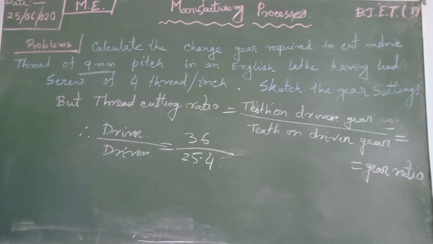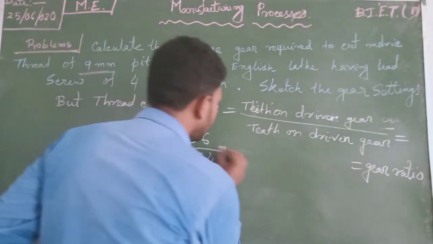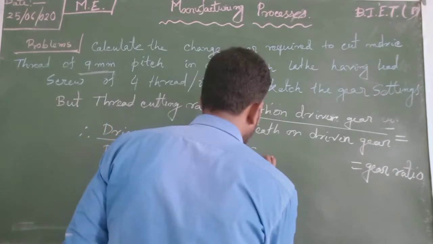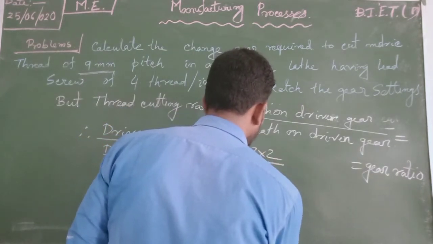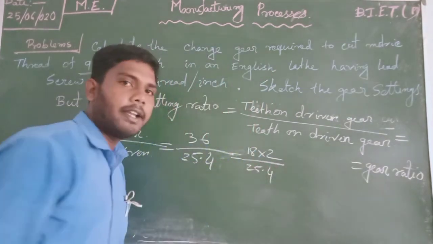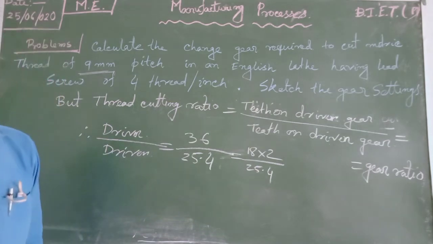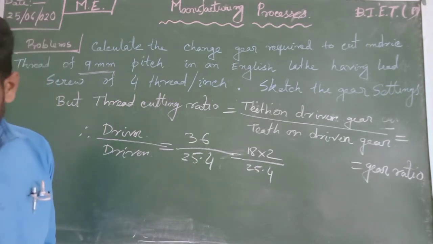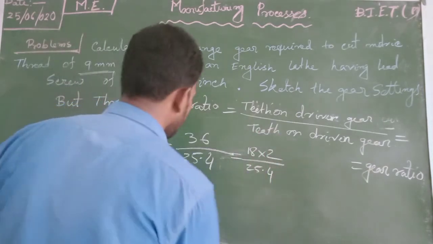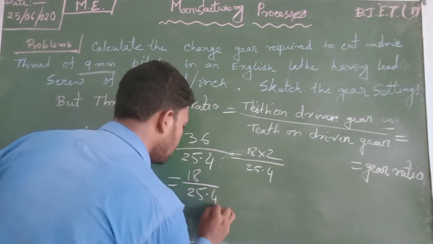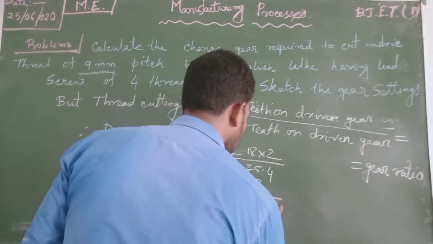For calculating the gear ratio, we can write 36 as 18 into 2, that means 18 into 2 by 25.4. We can easily write this because 18 into 2 multiplied is 36. Next step is 18 by 25.4 into 2 by 1.